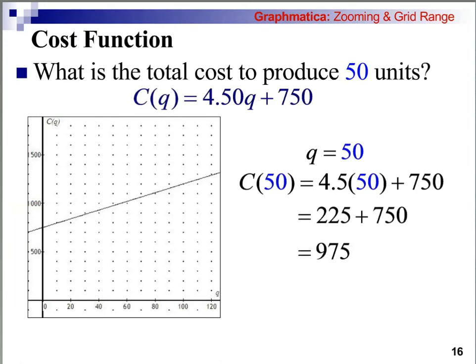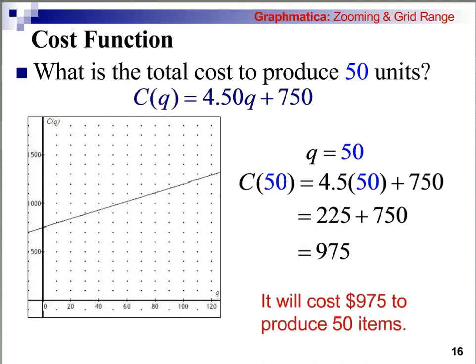We multiply the 4.5 by the 50 to get 225. We add 750, we get 975. So we want to make sure that we can interpret that 975 correctly. Remember, this is equal to C of 50, the cost of producing 50 units. And so what we would say then is that to produce 50 items, it will cost $975.